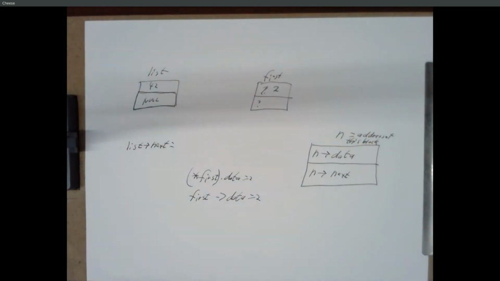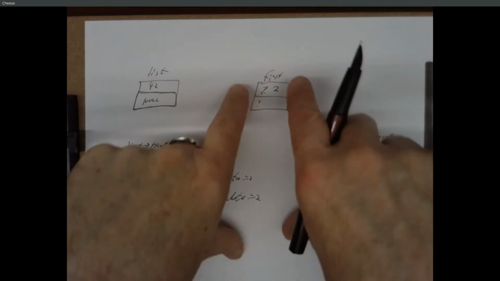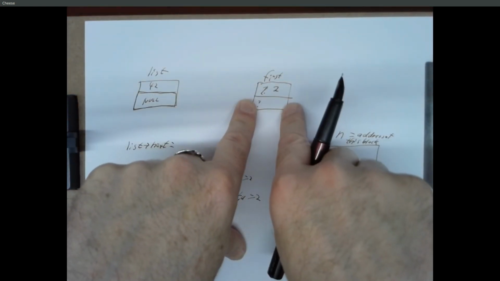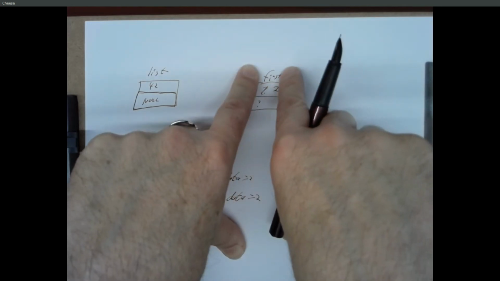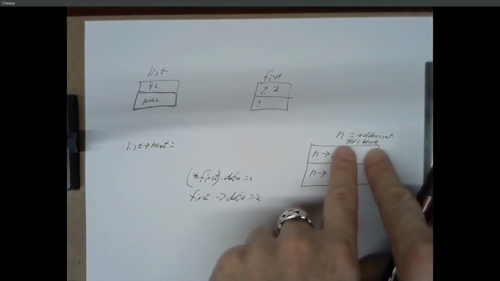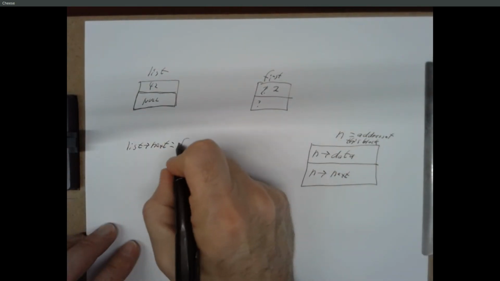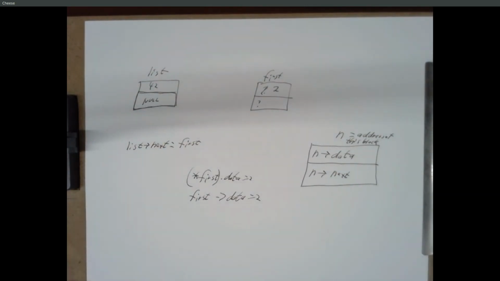That should be an address, right? It should be a pointer, which is an address, the location of this block. So if this is a struct node, and first is the address of that block, then really we just need to set this equal to first.